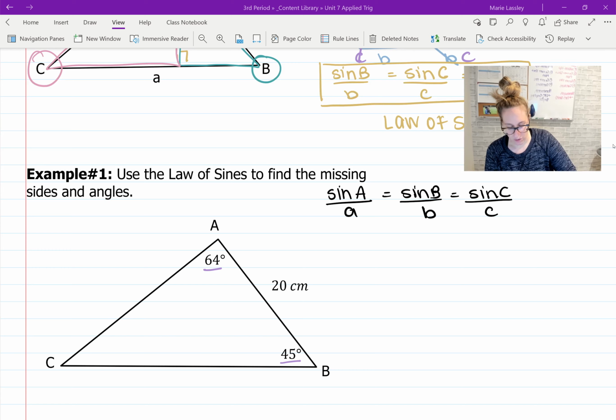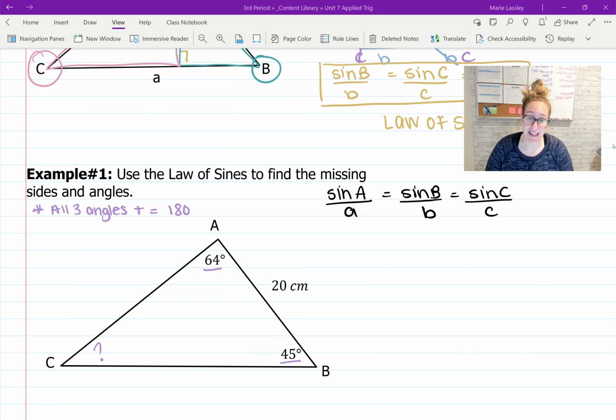We don't know angle C, but in any triangle, all three angles add up to 180 degrees. That is a standard rule for all triangles, something we should remember from geometry.